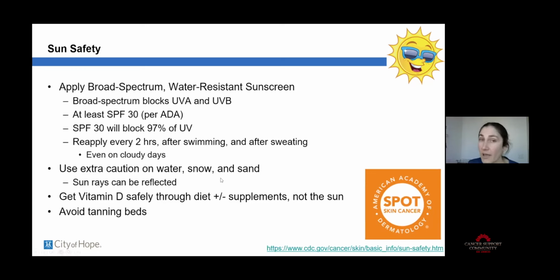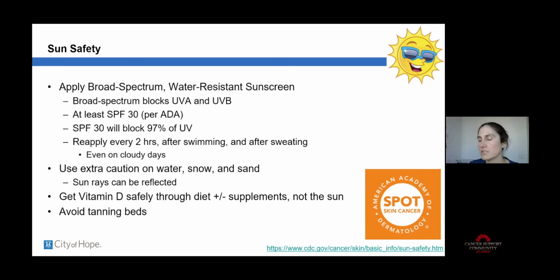You should be reapplying every 2 hours, and after swimming or sweating, even though they're water resistant, they don't stay on entirely, and even on cloudy days, because the UV can still come through. And have extra caution if you're out on the water, in a boat, or on the snow, or on sand, because all of those can reflect the light back at you, and you can get more exposure than you think you're getting.